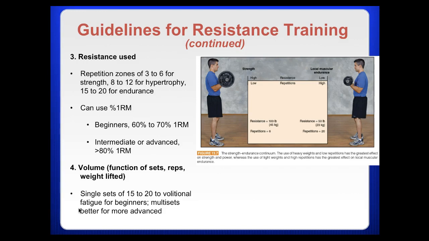Our 4th factor is training volume. So this is going to function as sets, reps, and the amount of weight that is lifted. So in order to figure out what the training volume is, we have to consider the number of exercises that are performed per session, the reps performed per set, and the number of sets performed per exercise.